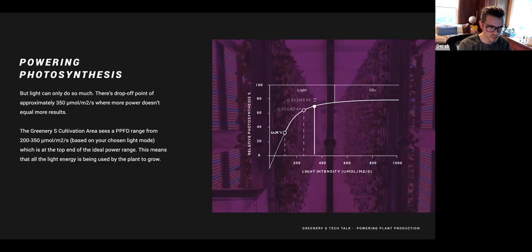So the more photons, or those units of light, reaching your plant's chlorophyll, means more energy being converted to food, which results in faster growing, larger, more robust crops.